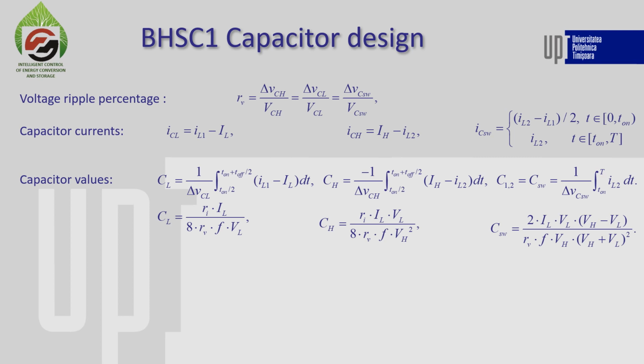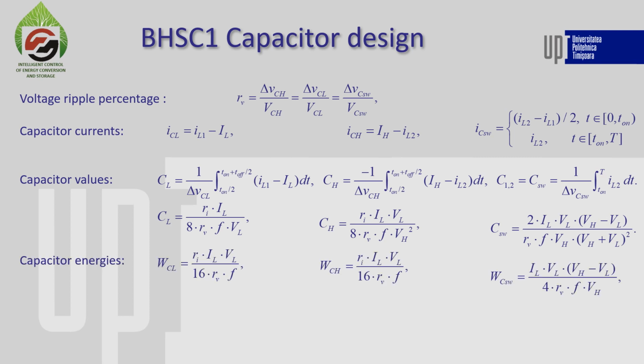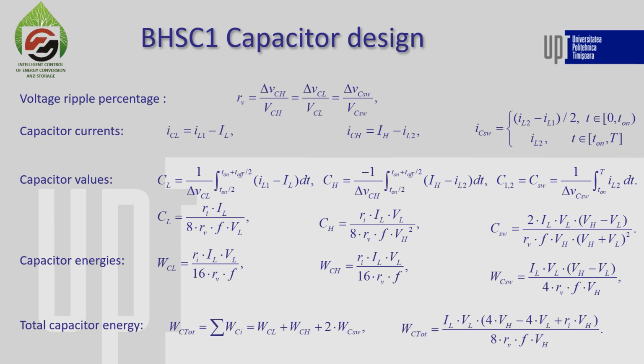Then we can calculate the capacitor values, the energy stored in the capacitors, and then the total energy stored in the capacitors. We see here that the total capacitive energy is slightly higher than in the conventional buck-boost converter.